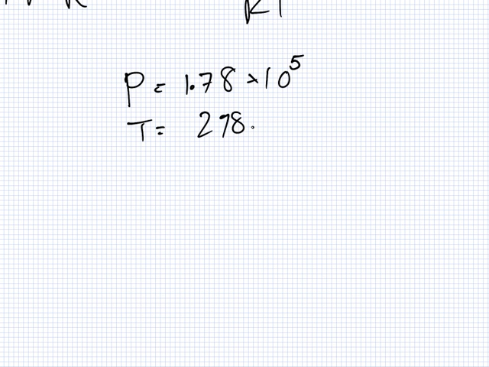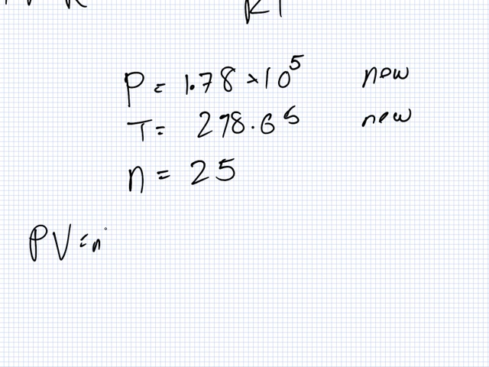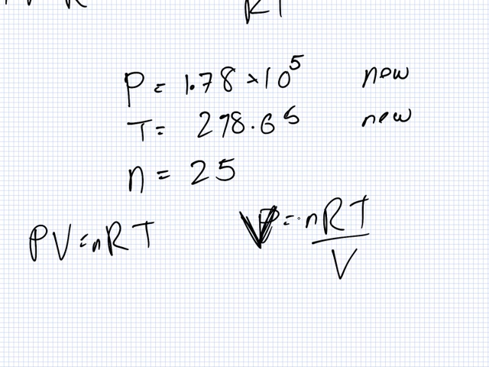They want the new volume if this is the new pressure and this is the new temperature. The number of moles stays the same, it's still 25 moles. P equals nRT over V. Wait, no, sorry, they want the V.